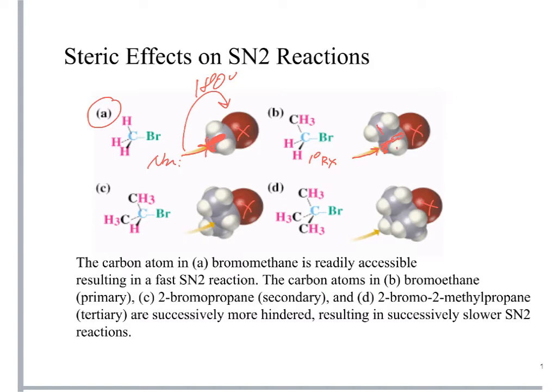When we increase the coordination of the reacting carbon to secondary, so here we have a secondary alkyl halide, notice that it's much more difficult for the nucleophile to get through in between the two carbon atoms.